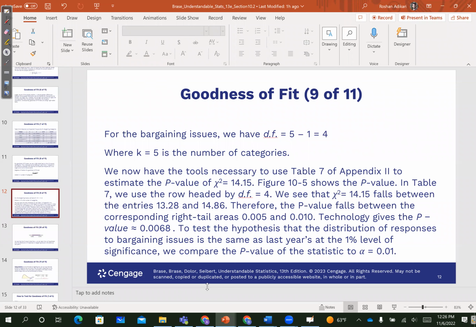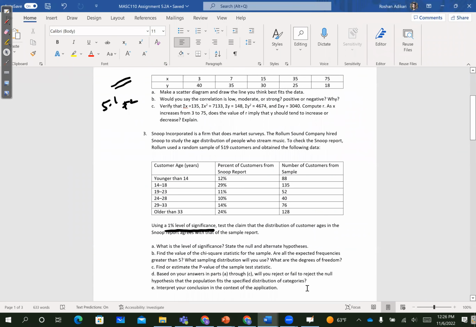Now let's go to your question. So find the value of chi-square, and let me write it over here, then it's easy.